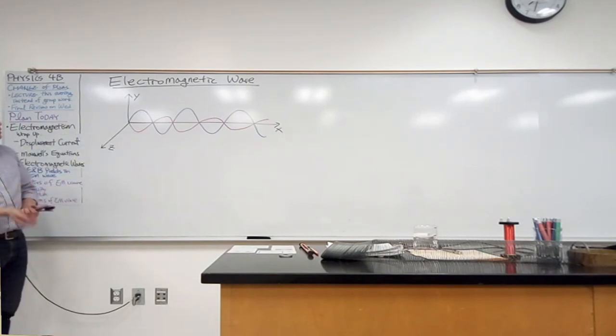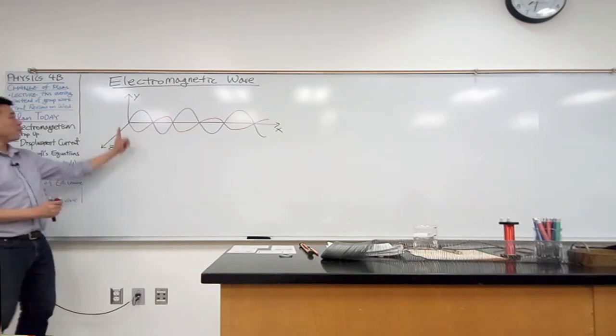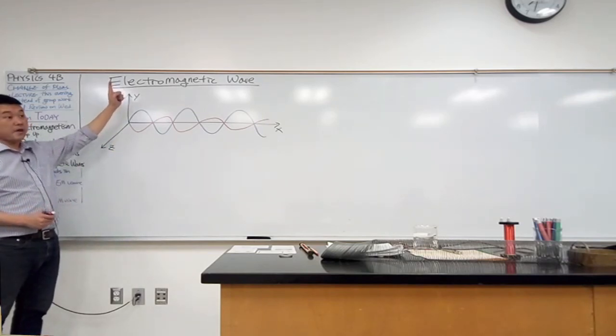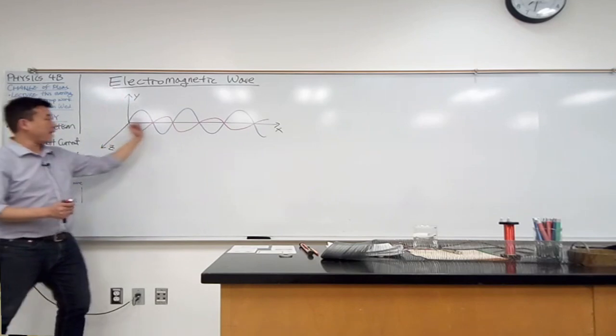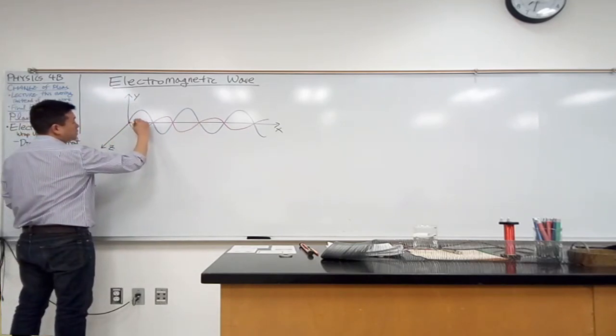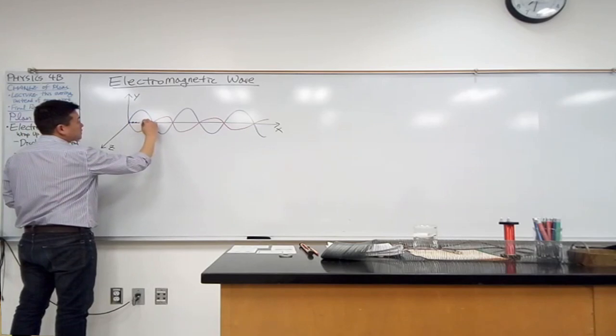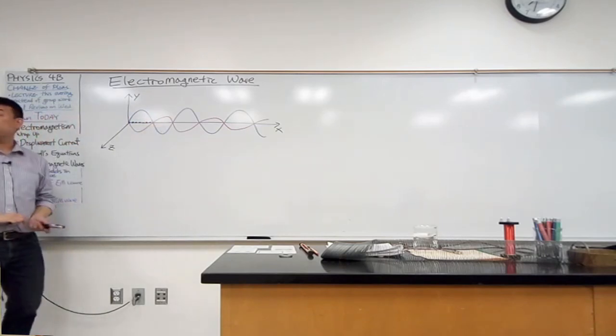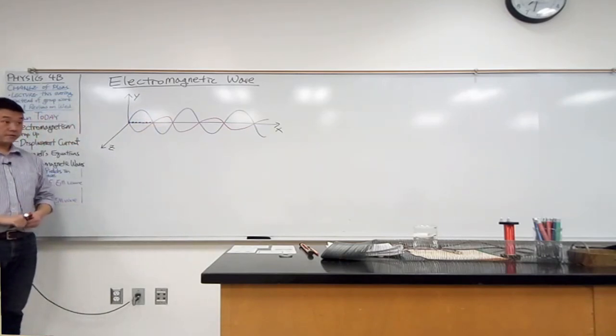So this would be a way to illustrate what we've been talking about. We said the electric field is only going to have a y component. And it'll be a function of x, which means at these different points along x, I can represent the different values of electric field.